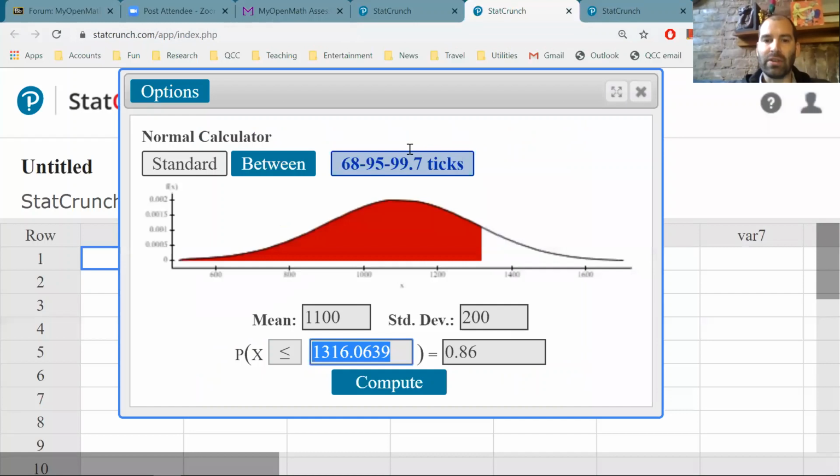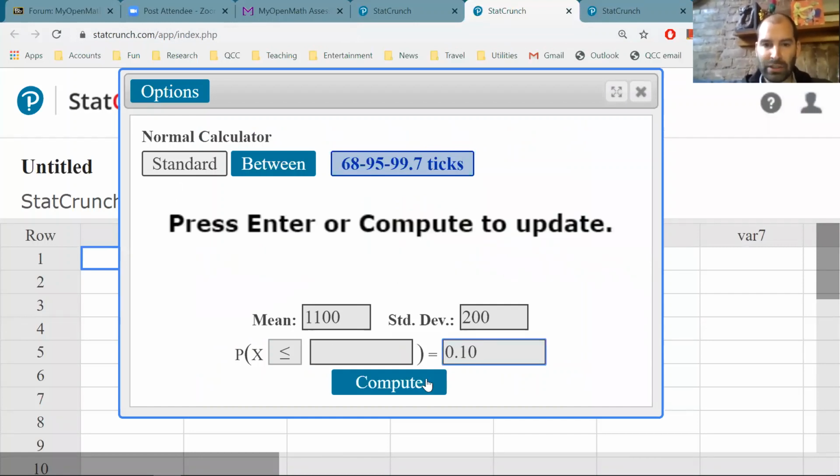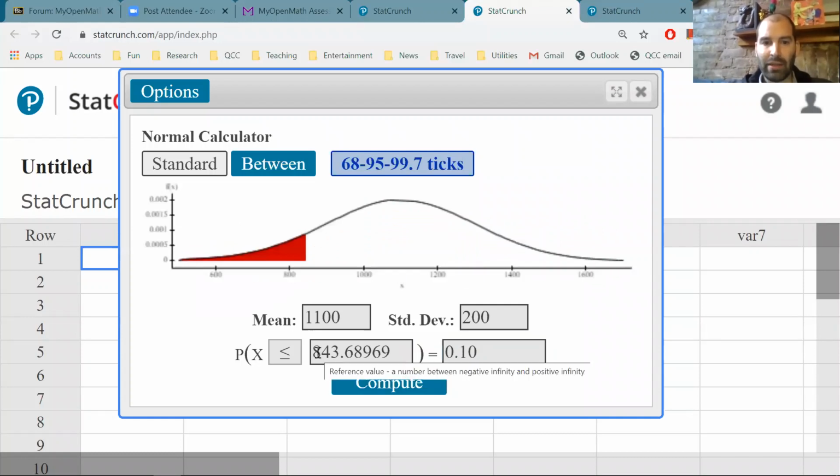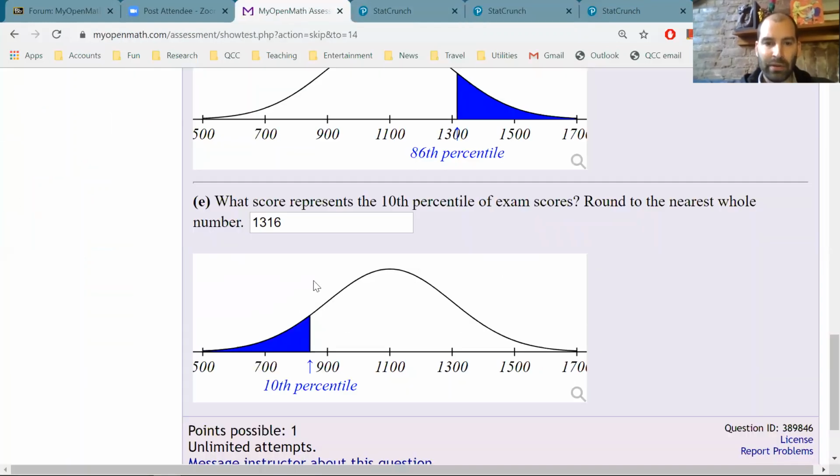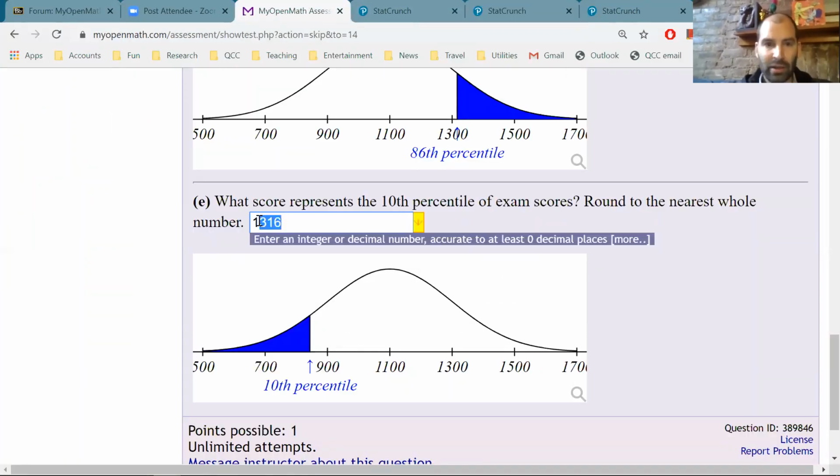So what I'm going to do is go to StatCrunch, put 0.1 in here. That's my proportion. Hit compute, and there's the value right here. And notice it shaded to the left, just like I want. So I'm rounding to the nearest whole number. So 843.6 becomes 844. So that is the value that I put here, 844.